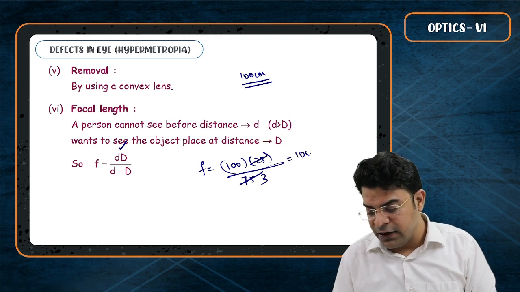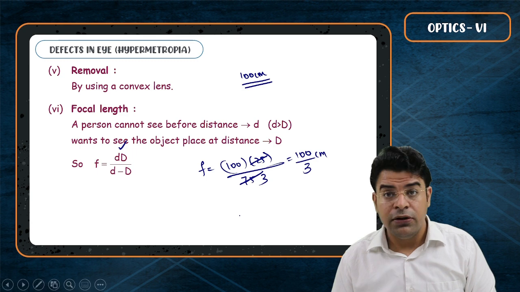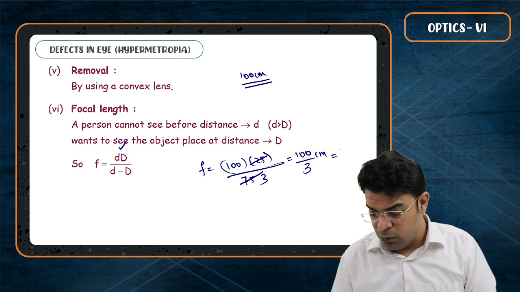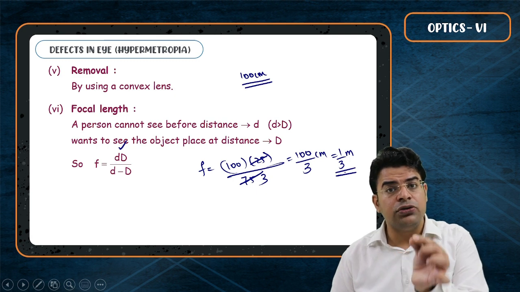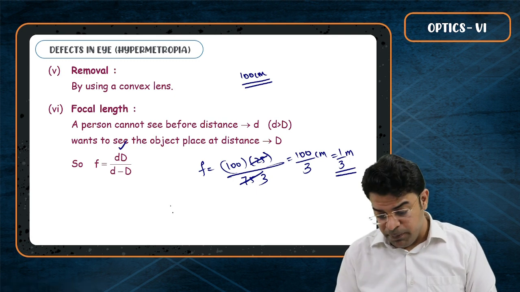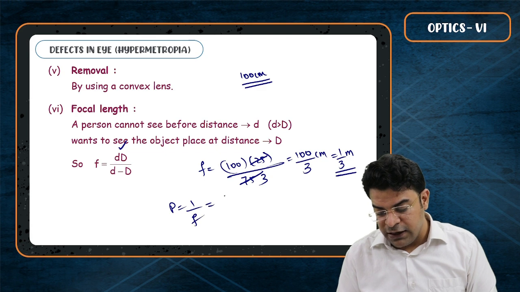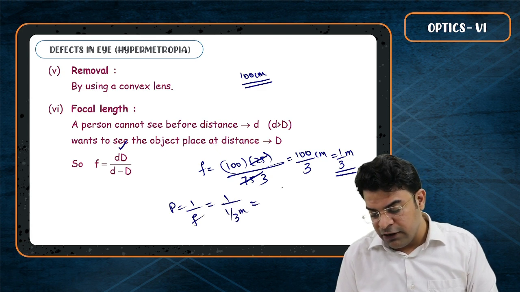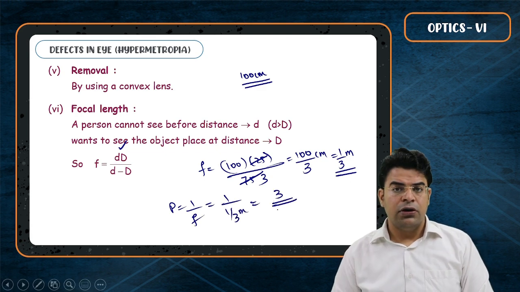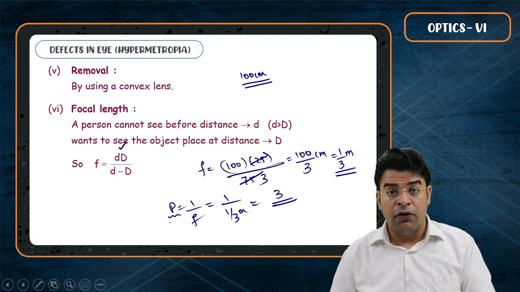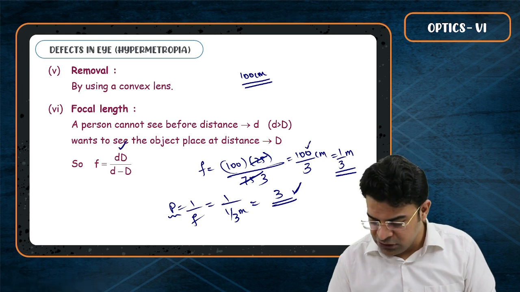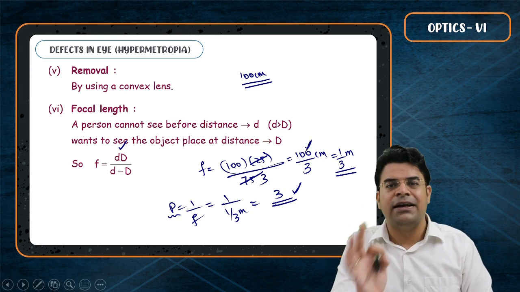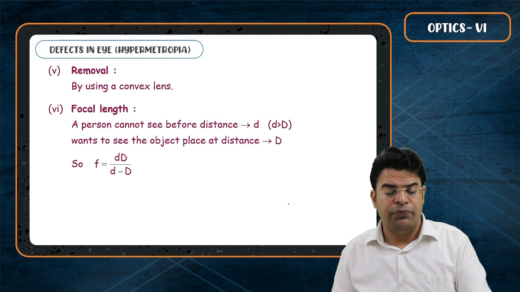So you get 100 by 3 centimeter, which is as good as 1 by 3 meter. So the focal length has to be 1 by 3 meter, and power equals 1 by focal length. So that will be 1 by 1 by 3 meter, equal to 3 diopter. So the power of the lens that this person should use is 3 diopter. And believe me, usually this is the only question that gets asked. You can remember this data as well.